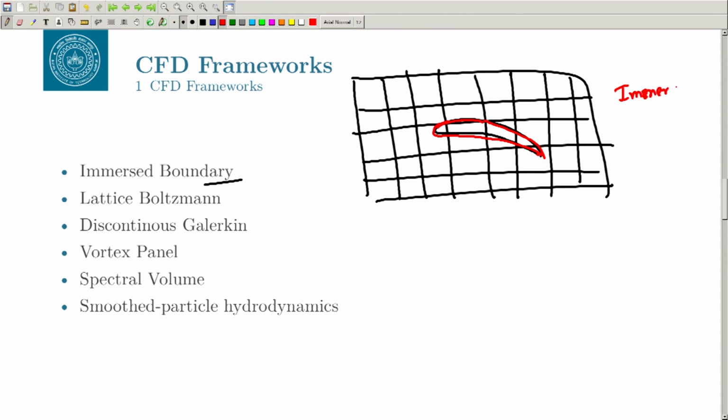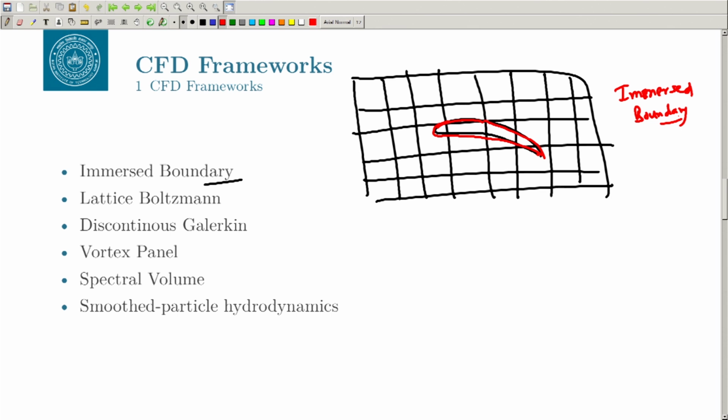So, what is the advantage of this? That you can still use your structured way of gridding the domain, but at the boundary you have to use some special boundary conditions. Okay. So, you can go to higher order approach as long as you can maintain the boundary conditions very close to the body.